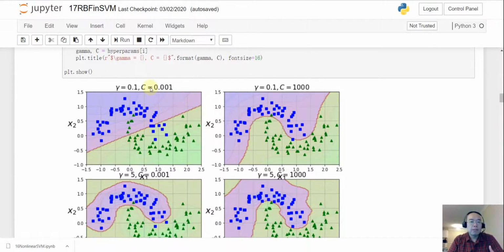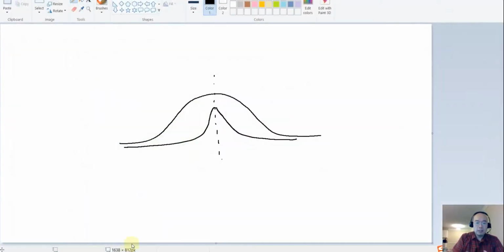So for gamma, a very low gamma and a very low C, both of them may contribute to an underfit. So why? Especially for the gamma. So this one is the low gamma.